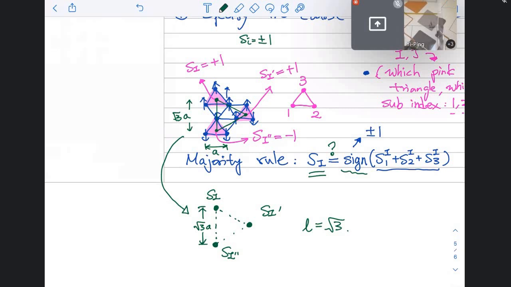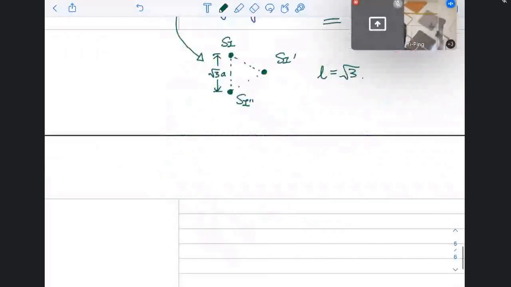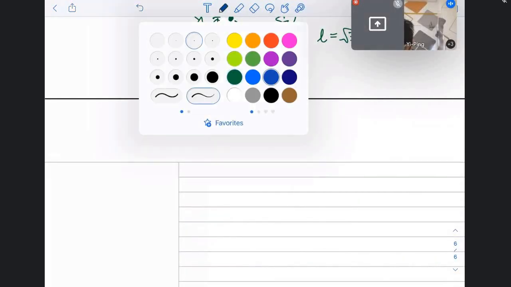Let's try to construct an approximate RG scheme with this coarse-graining process. Before we do that, let's have some side remark about exact results.